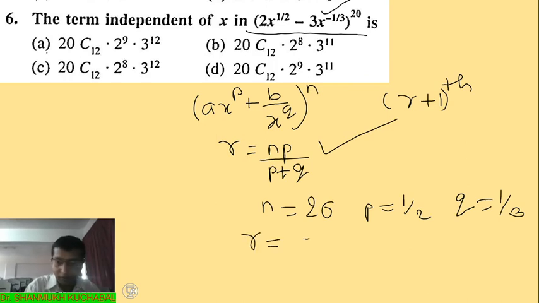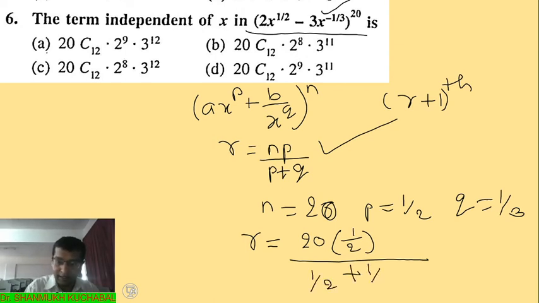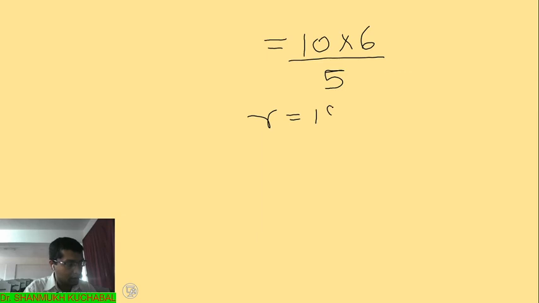So we get r equal to 20 into 1 by 2 whole divided by 1 by 2 plus 1 by 3. If you simplify, we get 10 into 6 divided by 5, or else we get r value as 12.